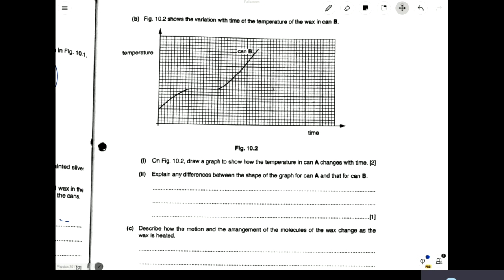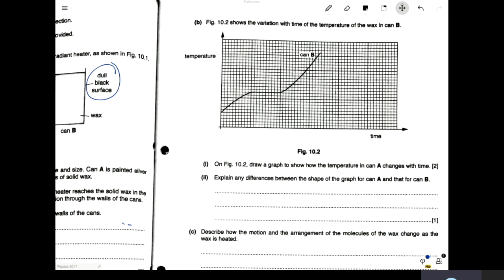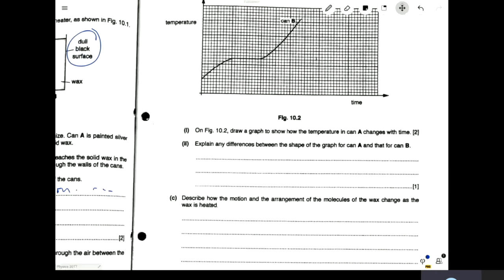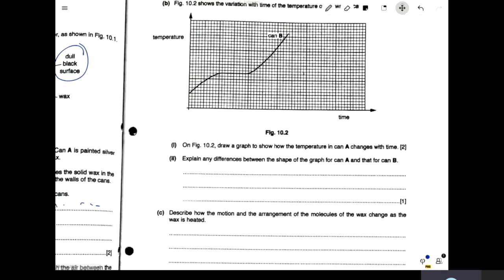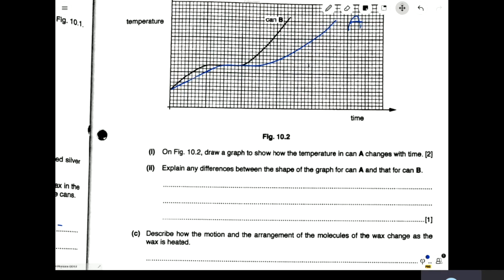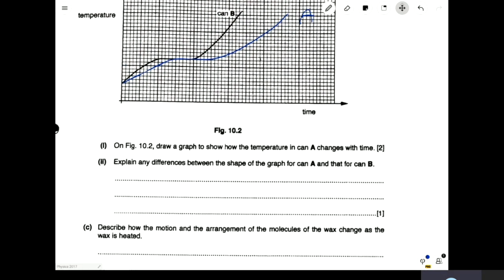Okay, draw to show the temperature in can A. So can A, this is can B. Can A is silver. Can B is black, dark and black. That means can A is going to be slightly later. Right? So it's just slower. Okay, you see the curve? Slower. Next. Explain any difference between the shade. So what's the difference?